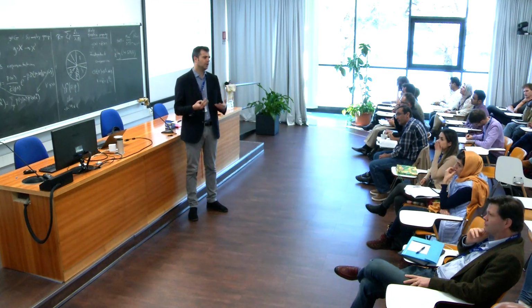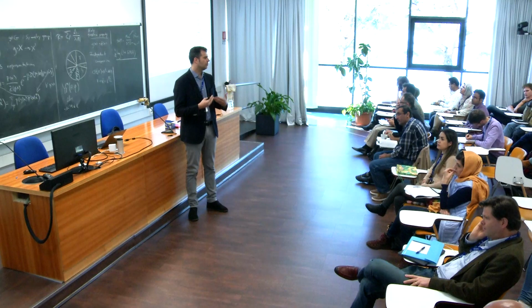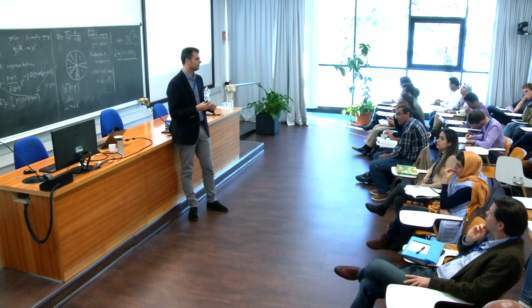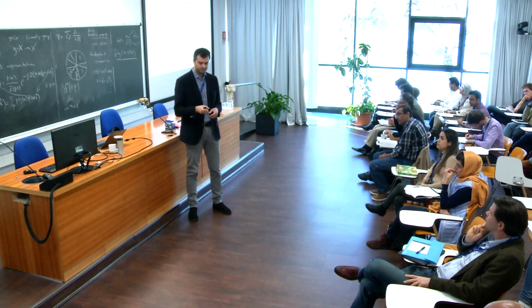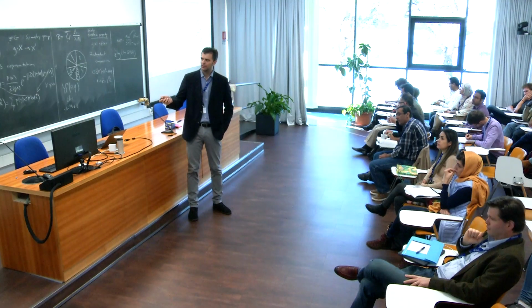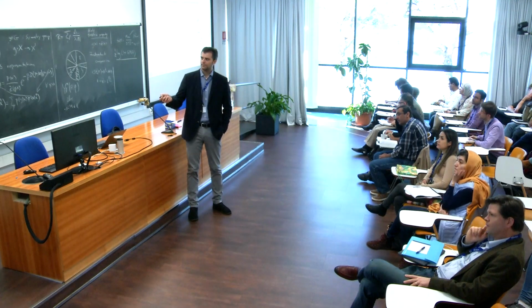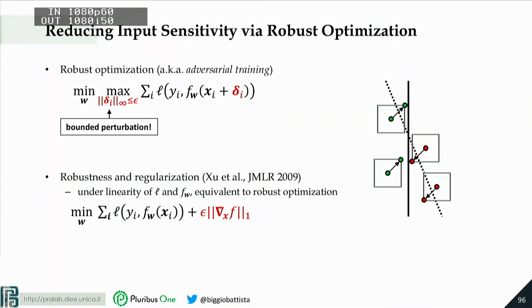So it's a different way of seeing what regularization does. Okay, so it's matching a specific kind of noise. And this is one way you can improve the robustness of classifiers against some adversarial examples.